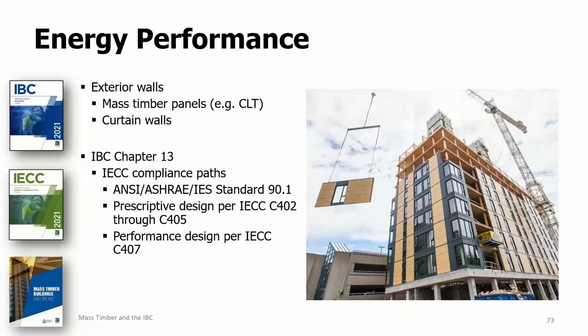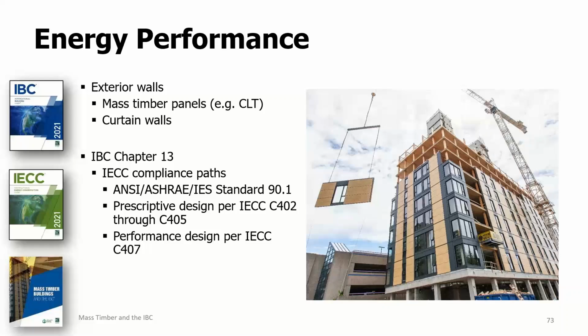But what does have an impact is the opaque envelope section. And the IBC Chapter 13 points to the IECC, International Energy Conservation Code, for its compliance. And you can either use ASHRAE Standard 90.1 or some prescriptive design methods, and there's several of those, or performance design.